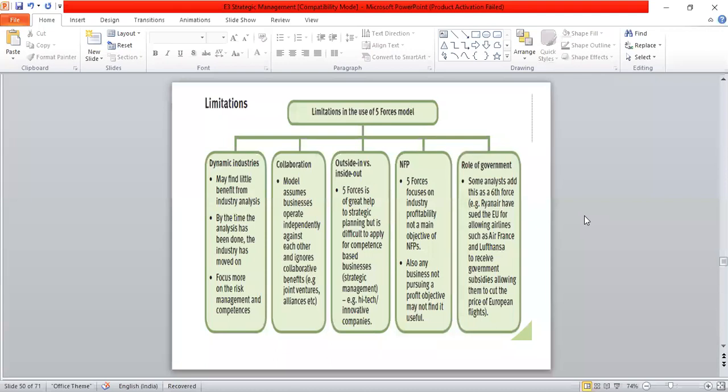It may not be applicable for such organizations, not applicable for not-for-profit organizations, and then no matter what it is, the role of the government plays a very important part.